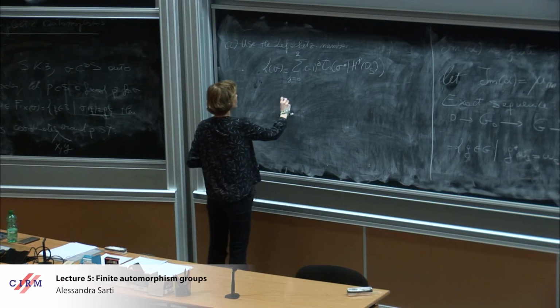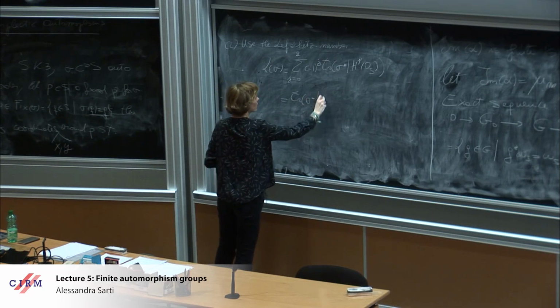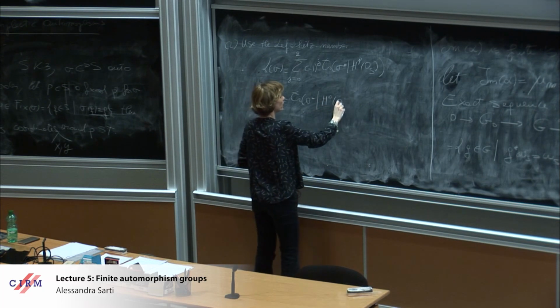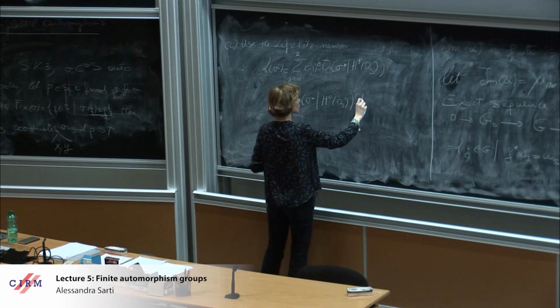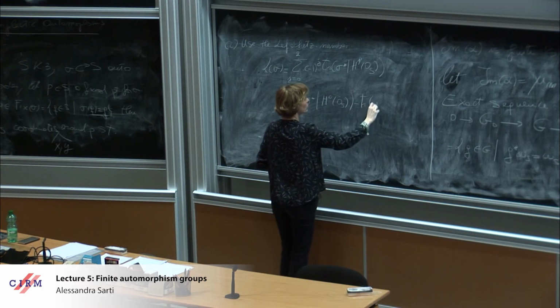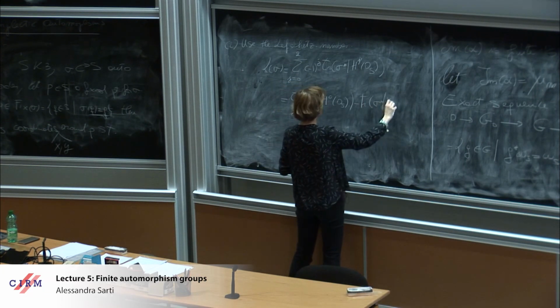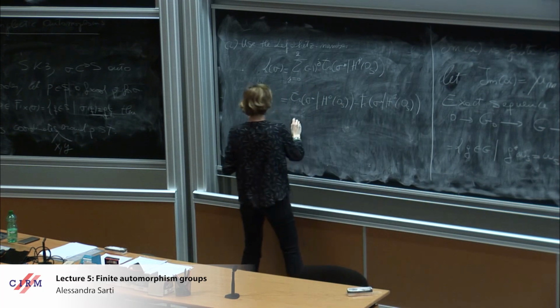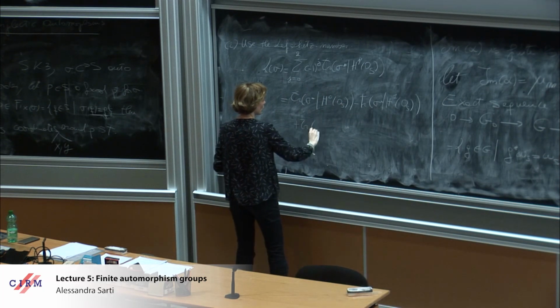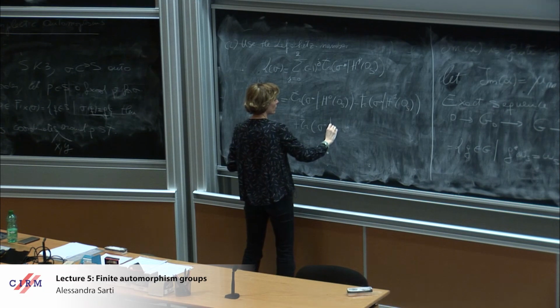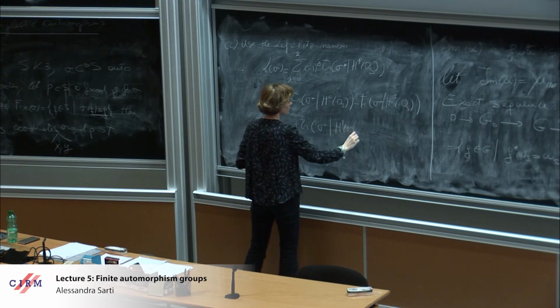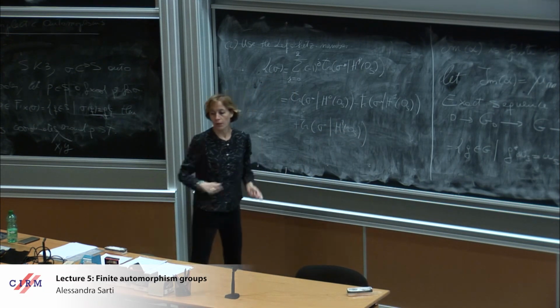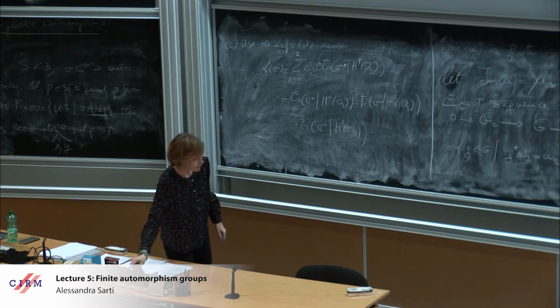So let's look at that. We have the trace of sigma star on H0 of O_S minus the trace of sigma star on H1 of O_S plus the trace of sigma star on H2 of O_S. We don't have to care about H1 because it's 0 for a K3.